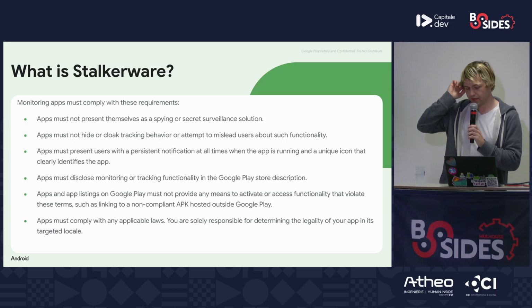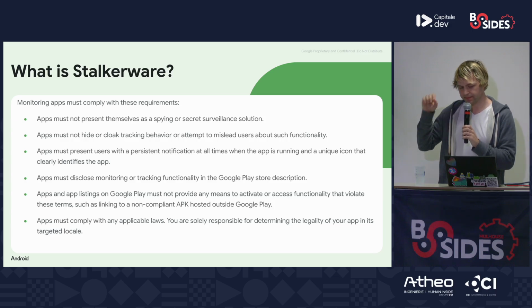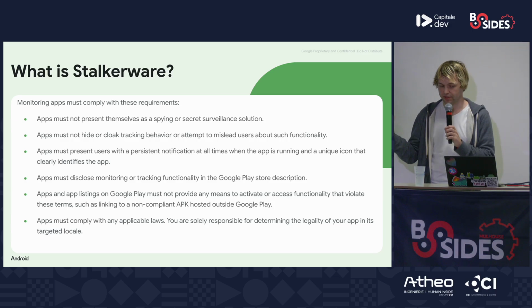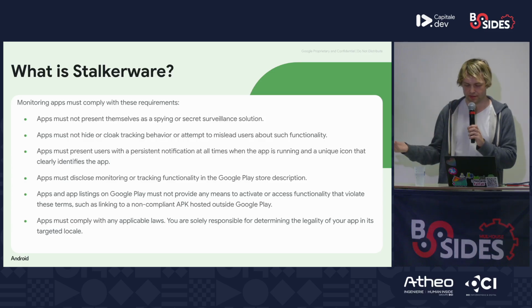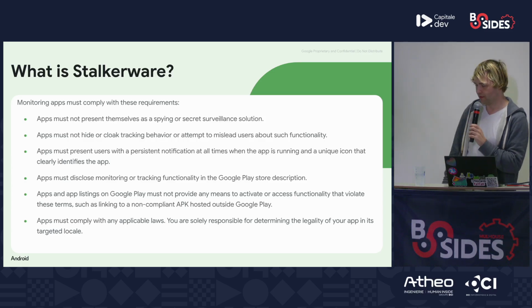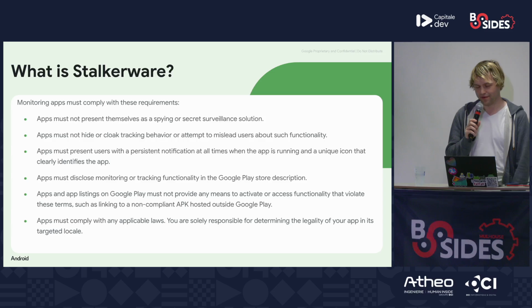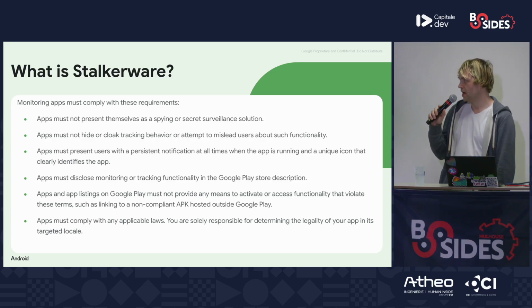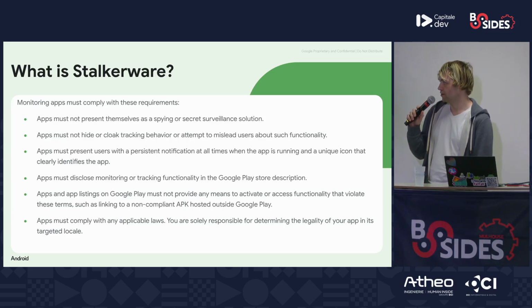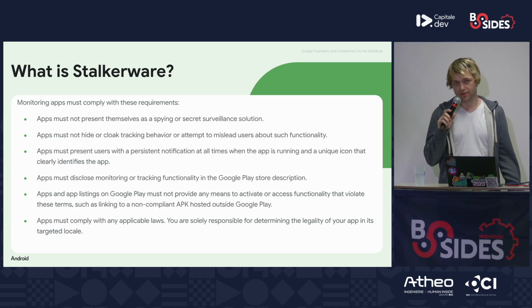So a couple of bullet points. Apps must not present themselves as spying or secret surveillance solutions. I will show you in a second ads for apps like that. They may not hide or cloak their tracking behavior. This is also something that the apps are often doing, or misleading users about their functionality.